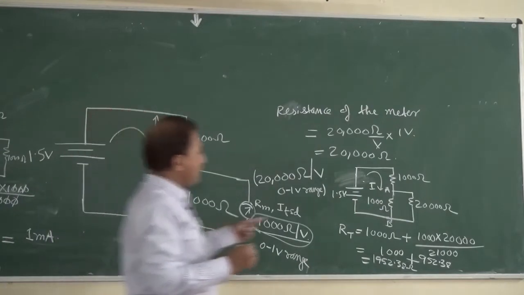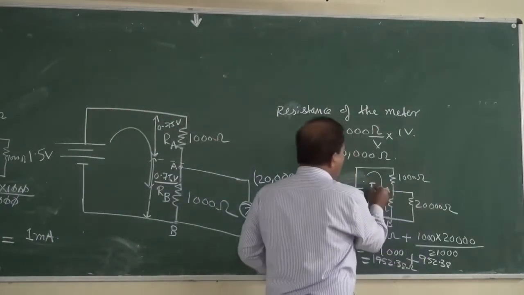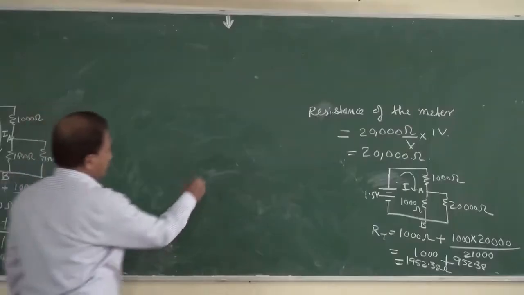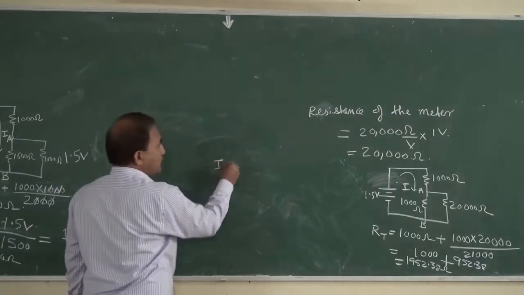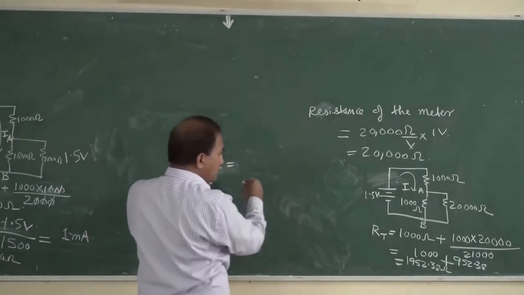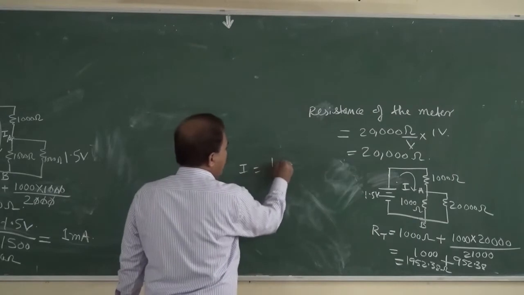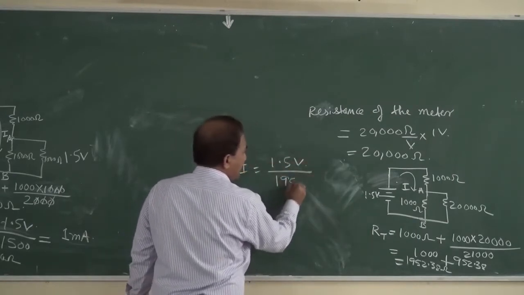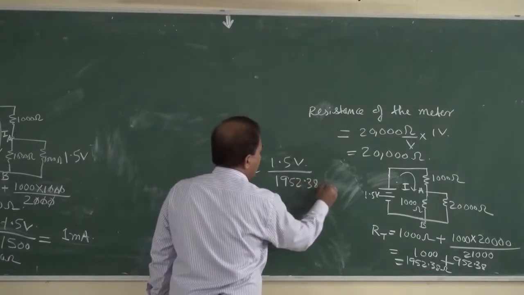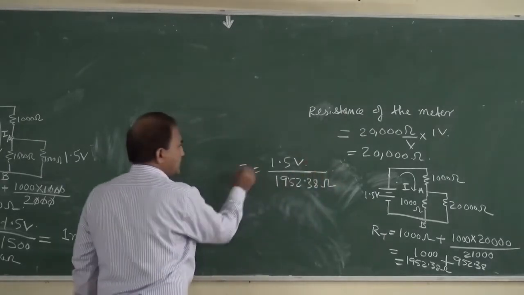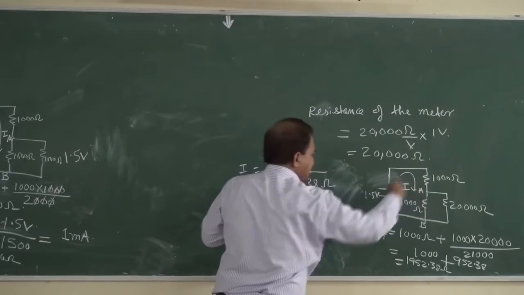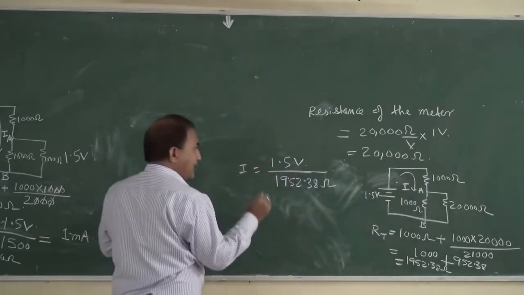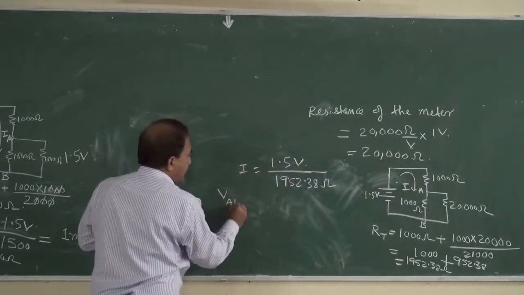Then we have to calculate how much current. I will be equal to 1.5 volt divided by 1952.38 ohm. So this is the total current which is flowing in the circuit. So we have to determine VAB.